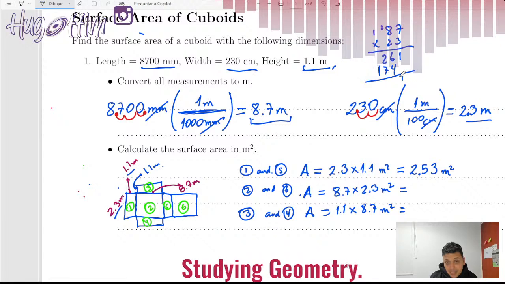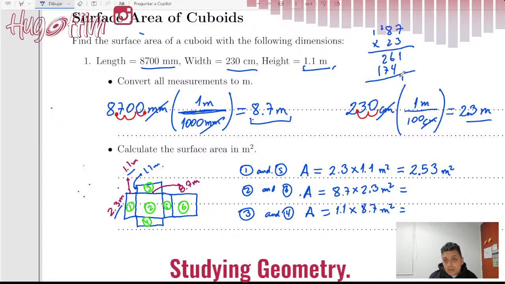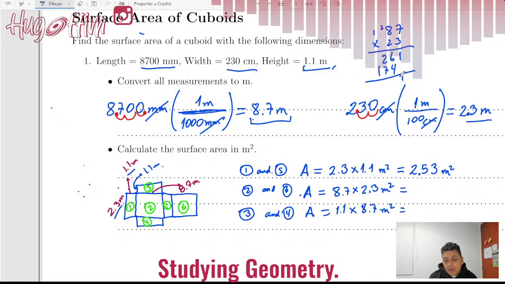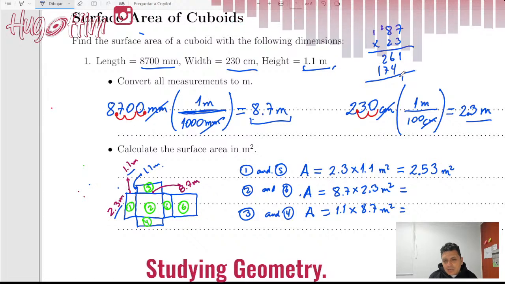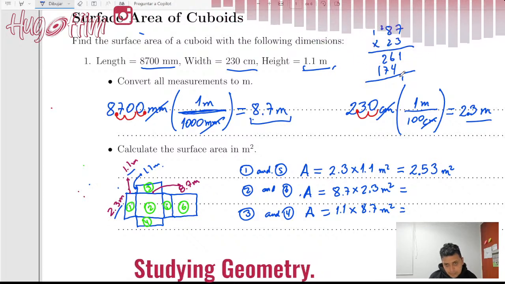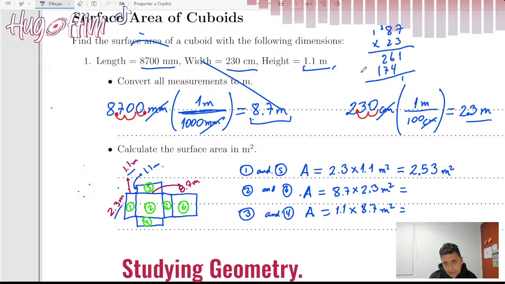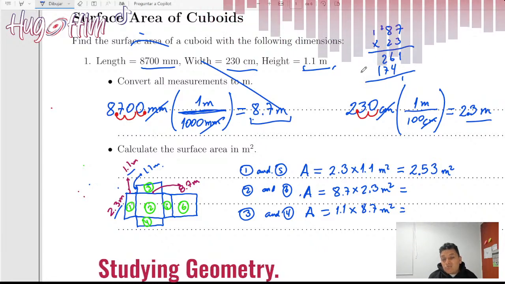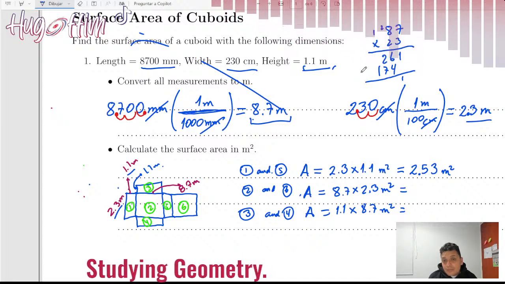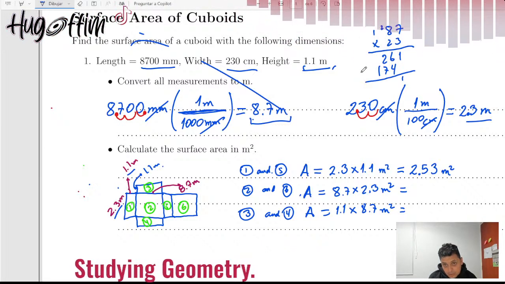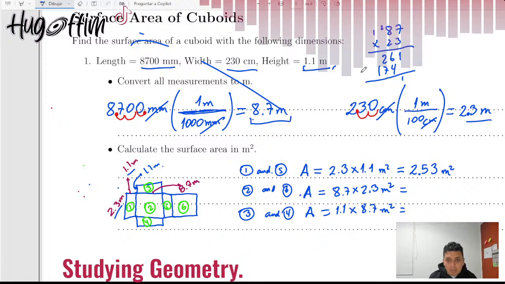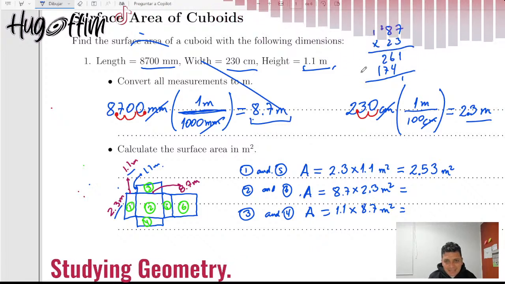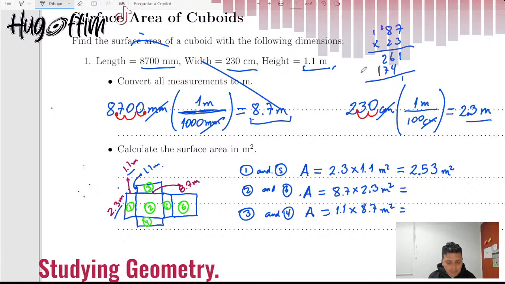Oh my god, my pen is not working the way I want it. 6 plus 4, 10. Come on, man. 6 plus 4, 10. 7 and 3, another 10. Okay, I'm sorry, I just got busted with my pen. Come on, pen.